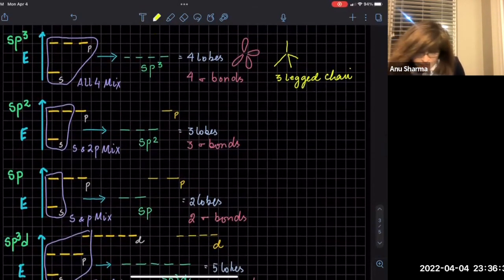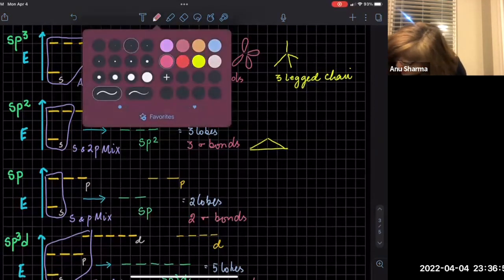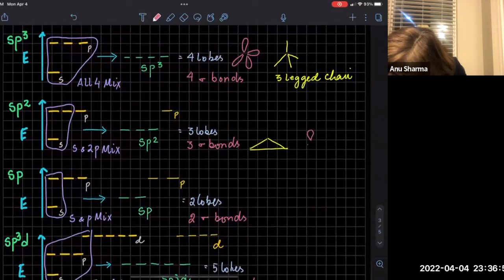So, okay, 3 lobes. 3 lobes is going to be like a pizza. So 3 sides. This makes the 3 sigma bonds, and how many lobes is that? It's going to be 3 lobes: 1, 2, and 3.